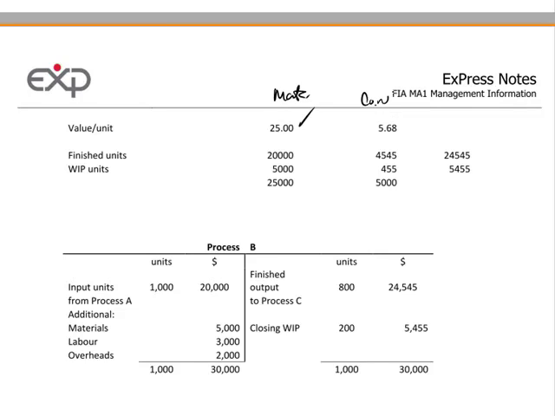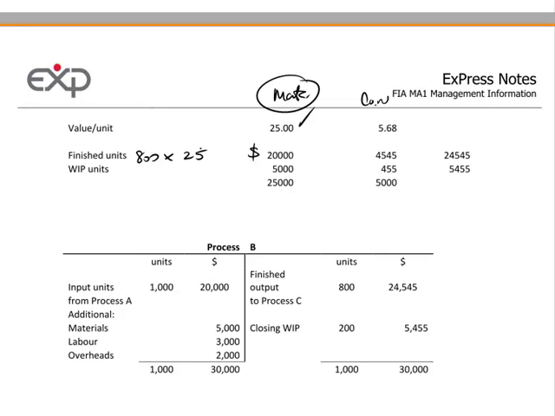So now we can say that the finished units from the standpoint of materials have a total value of $20,000. This is 800 equivalent units times $25 per unit.